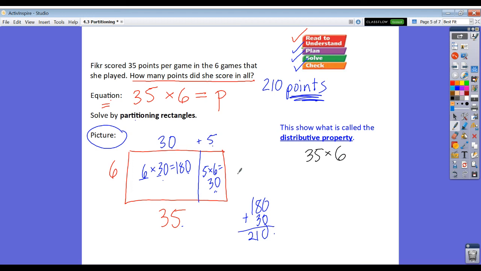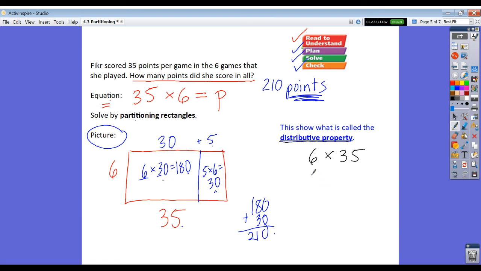So this is called the distributive property of multiplication. Say that with me, the distributive property of multiplication. And what it means is that if we have a problem like 35 times 6, actually, I'm going to write it as 6 times 35 because those are the same, right? Doesn't matter how I write it, but it's just a little easier for me to see. Okay, so we have 6 times 35.